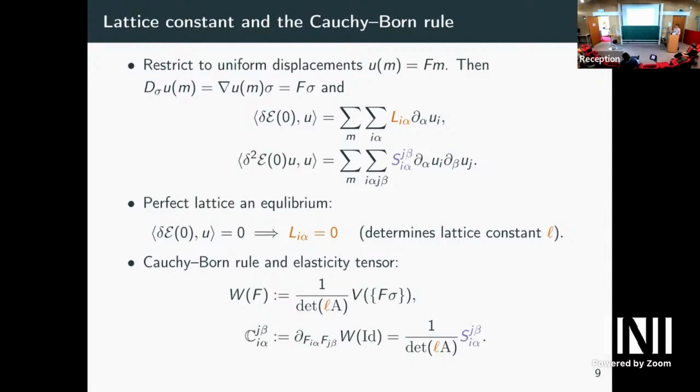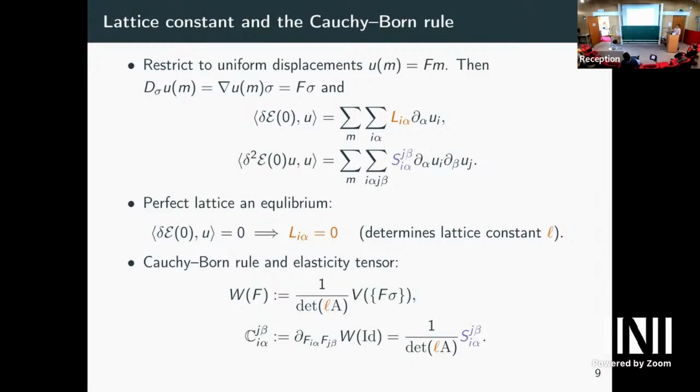So the idea here is that for any interatomic potential V, you can define a continuum strain energy density function W by the following formula. And that then means that if you expand it to second order to get the linearized elasticity tensor C, you actually end up with exactly these coefficients S_{j,beta}^{i,alpha}, which are from the atomistic calculation in this formula.